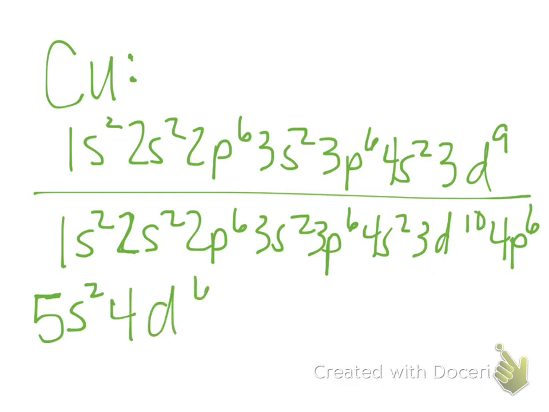So if I did 4d6, what element is that? If I kept going and I went to 4d6, what element is it? This is all one configuration. I'm not starting over. It's not supposed to be complicated. Ruthenium, yes.